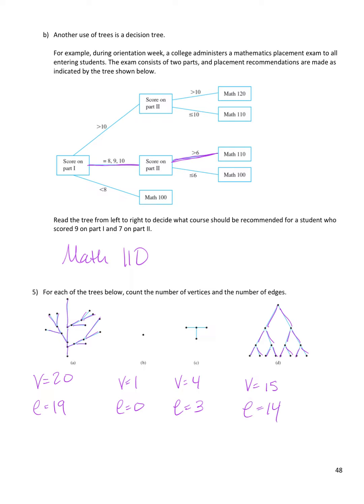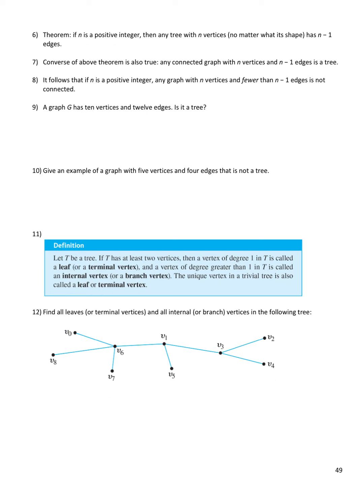Okay, so just from these 4 examples, a strong conjecture would be that the number of edges is always 1 less than the number of vertices in a tree, right? If you're given a tree, edges always seems to be 1 smaller than the number of vertices, and that turns out to be true.